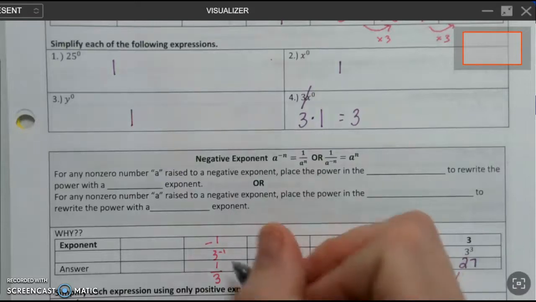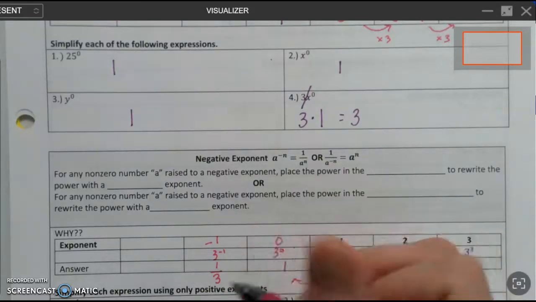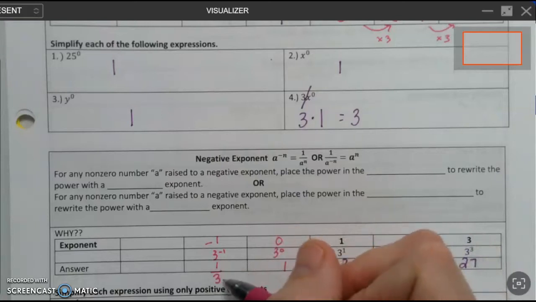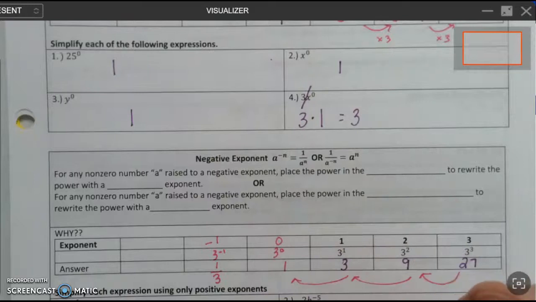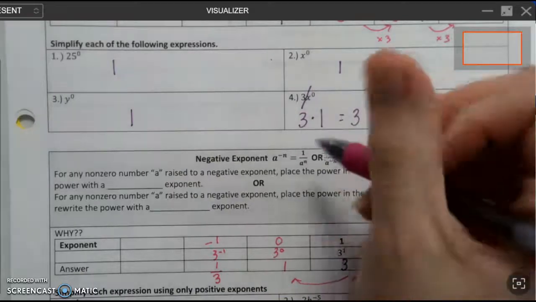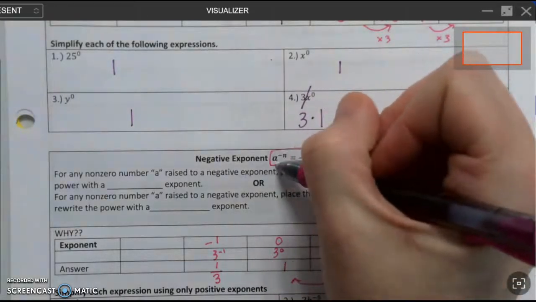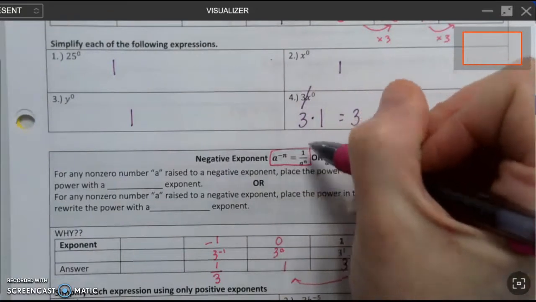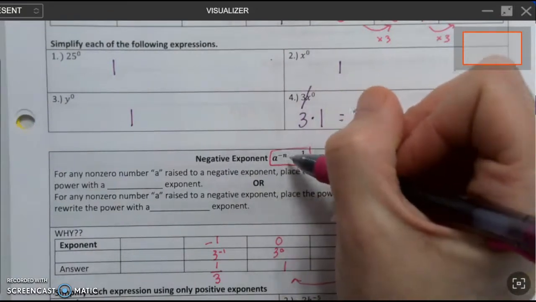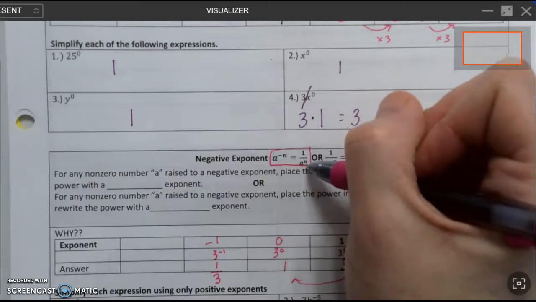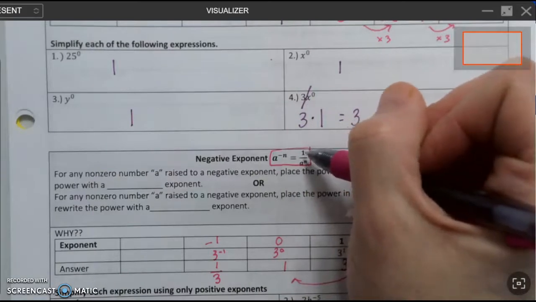So what's happening is a negative exponent is going to send that 3 down to the bottom of my fraction. It's going to change into a fraction with a 1 on the top and a 3 on the bottom. And that's what you see here. Any number to a negative exponent will flip and go down to the bottom of a fraction with a 1 on the top.